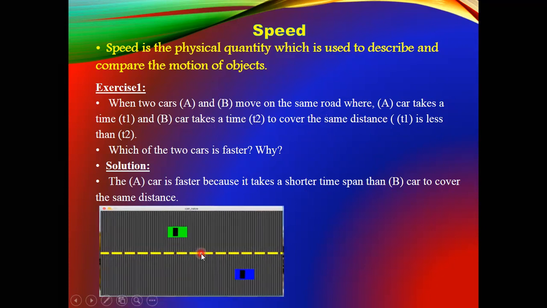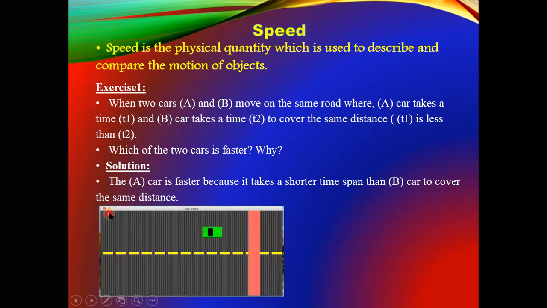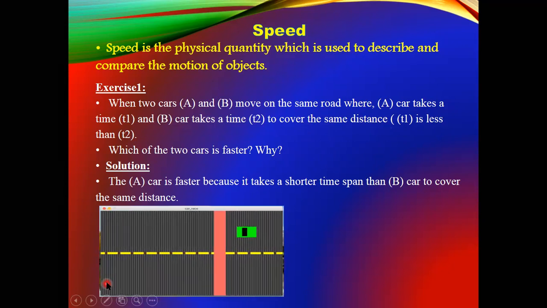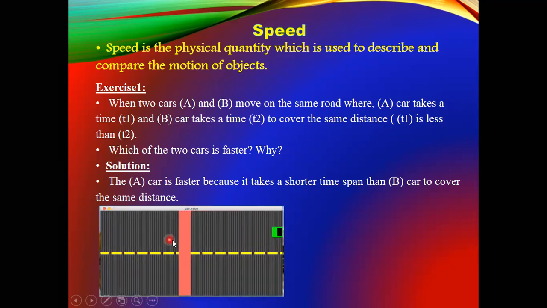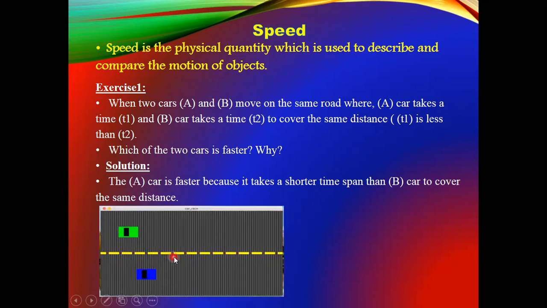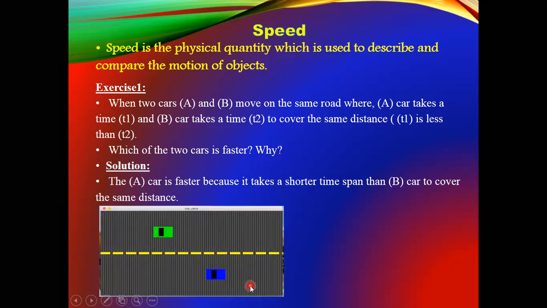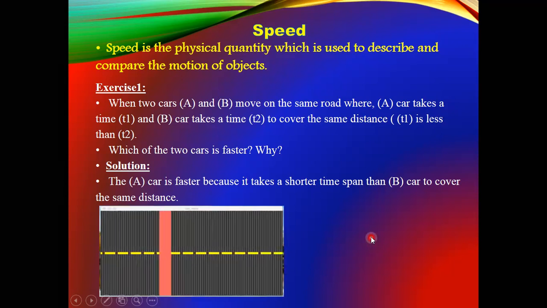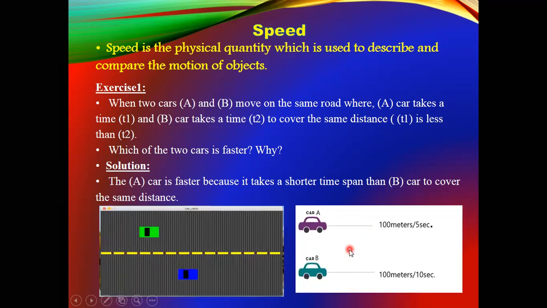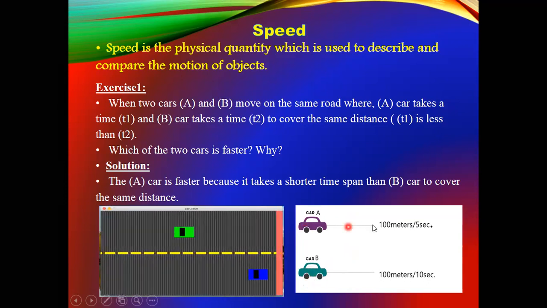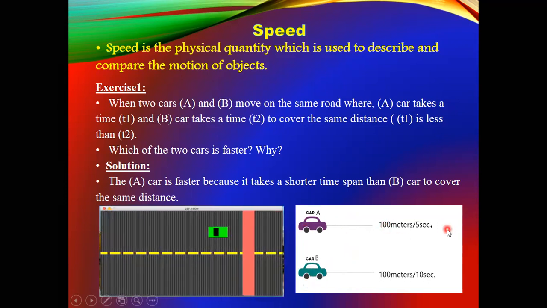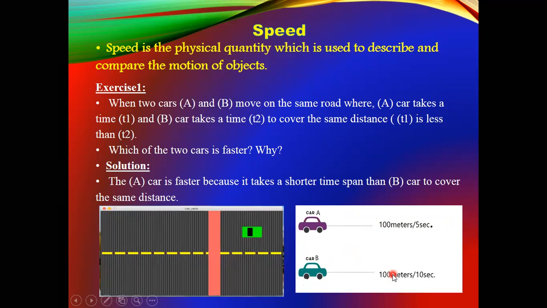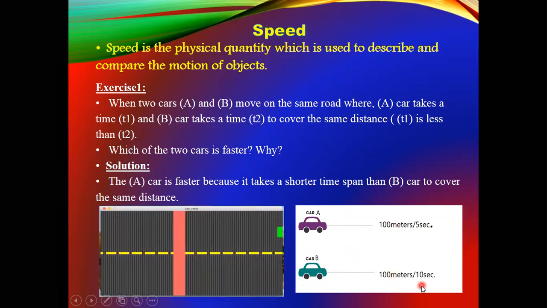Let's look at this. If we start from the beginning, the green and the blue car are moving the same distance. But which one is faster now? Who takes less time? We find that the blue car takes less time to reach the final line, although the distance is the same, it took less time. Let's see the same thing here as a drawing. Car A: 100 meters in 5 seconds. Car B: the same 100 meters but in 10 seconds.